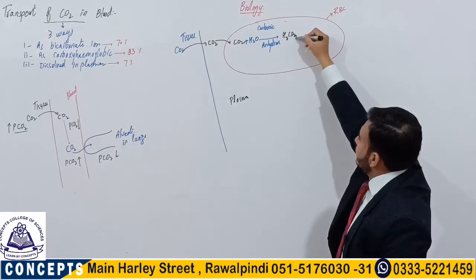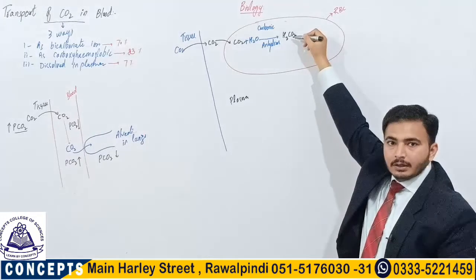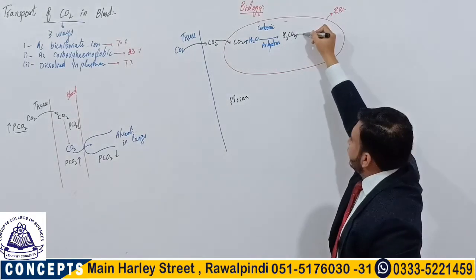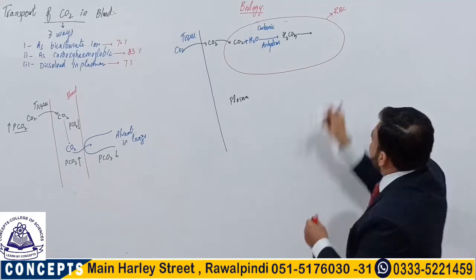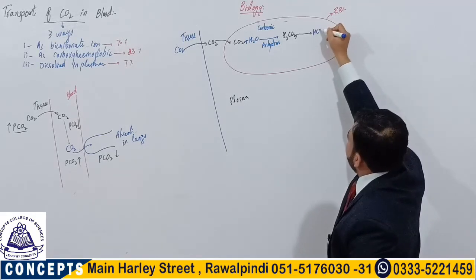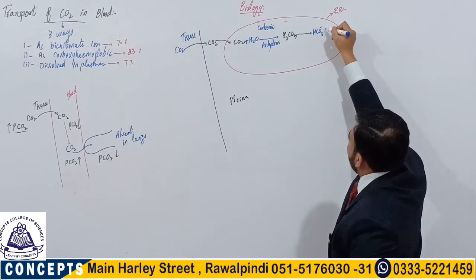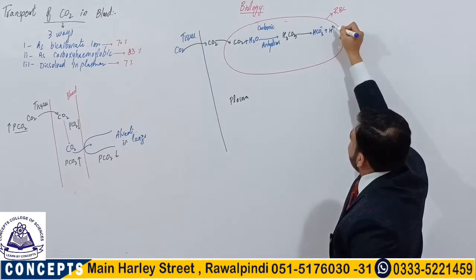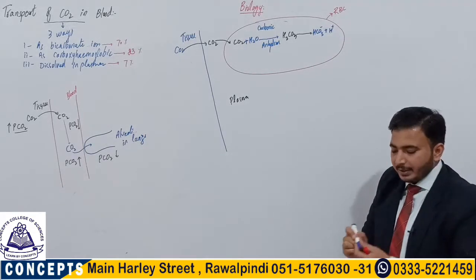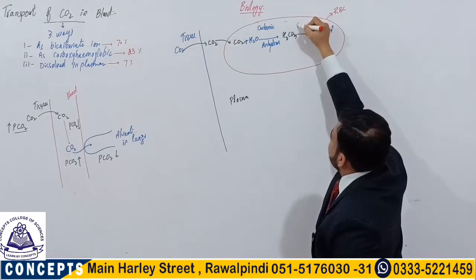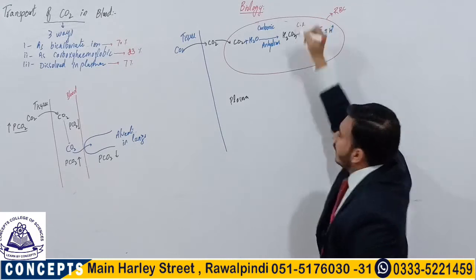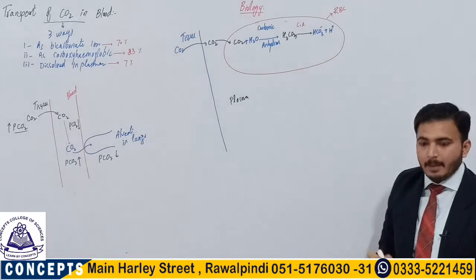This carbonic acid is unstable. Again, it splits into its components, that is bicarbonate ion and H positive ion, meaning hydrogen ion, in the presence of carbonic anhydrase. CA stands for carbonic anhydrase.